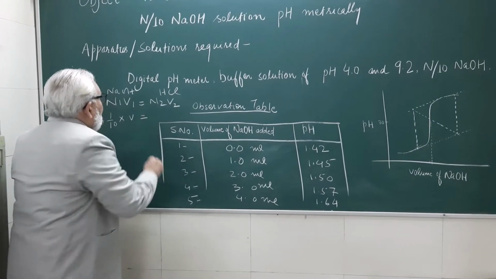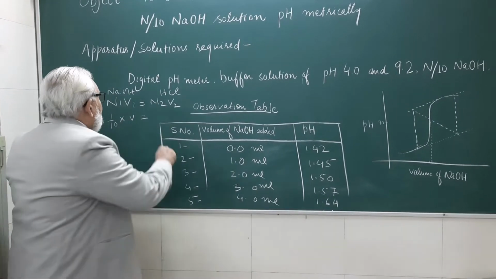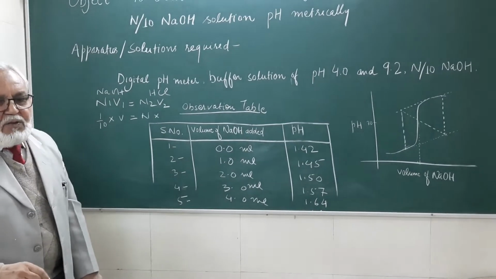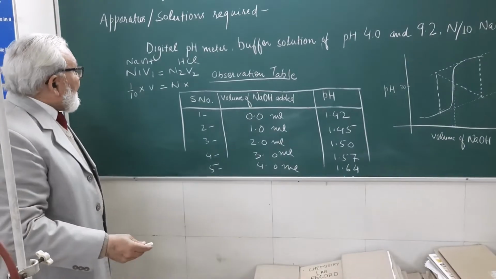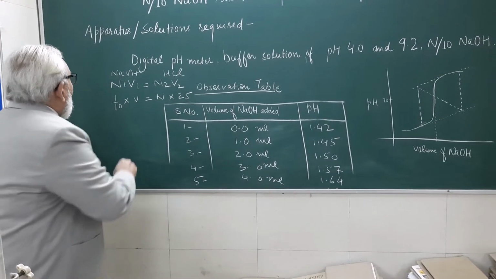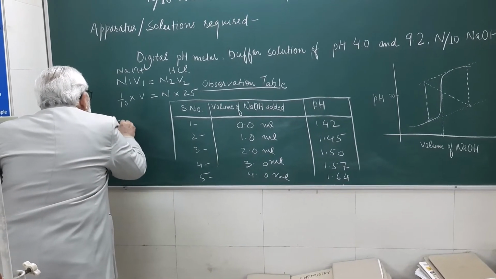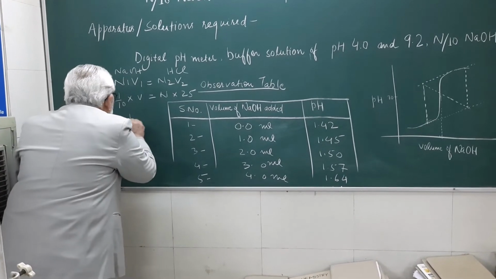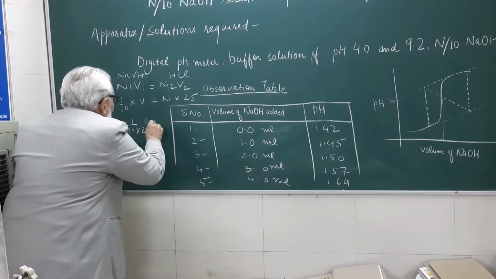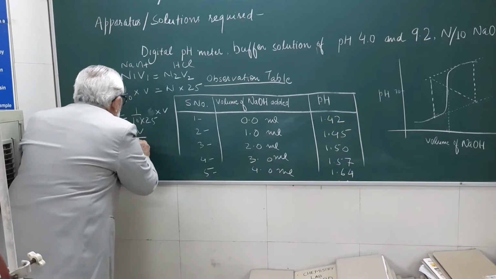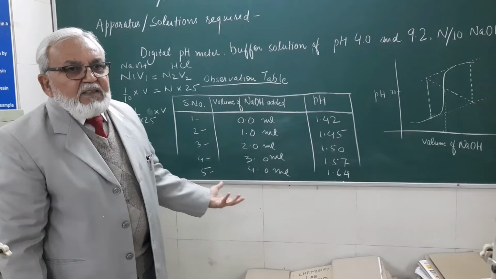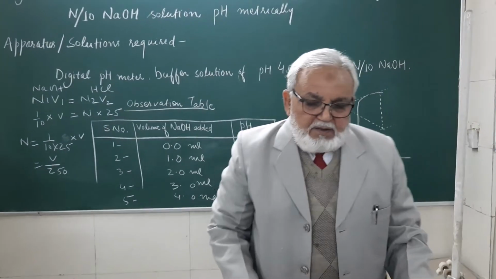The normality of HCl is unknown, say N, and the volume of HCl taken into the beaker is 25 ml. So we can find the normality of HCl as N equals 1 upon 10 into 25 multiplied by V, so V upon 250 is the normality of HCl solution. Thank you.